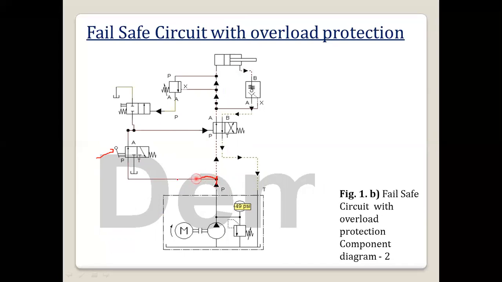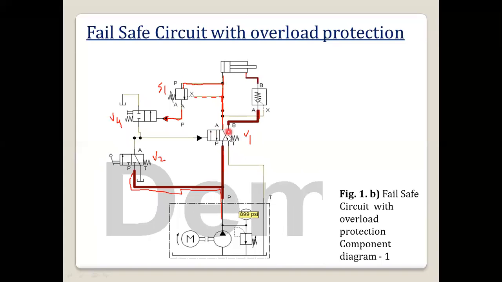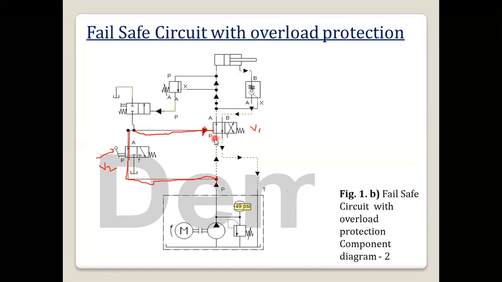The oil from the pump goes first to valve number 2, then it will actuate valve 1. It was in this position, and when the oil comes here, the position shifts from the right side to the left side.